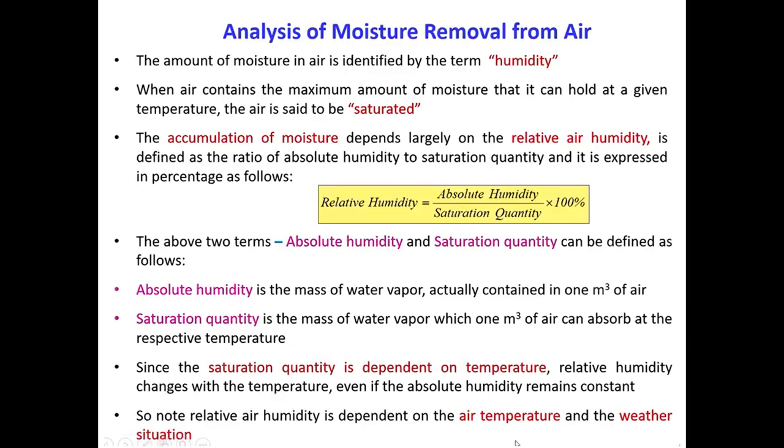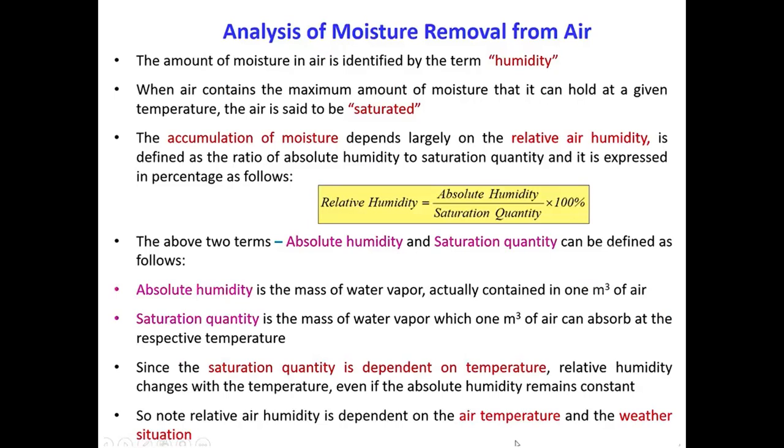The accumulation of moisture depends largely on the relative air humidity, which is defined as the ratio of absolute humidity to saturation quantity, and it is expressed as a percentage as follows. Relative humidity equals absolute humidity upon saturation quantity times 100. From this, calculate relative humidity.